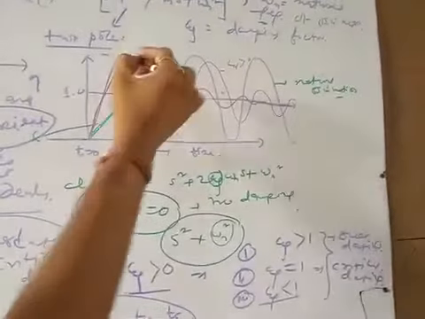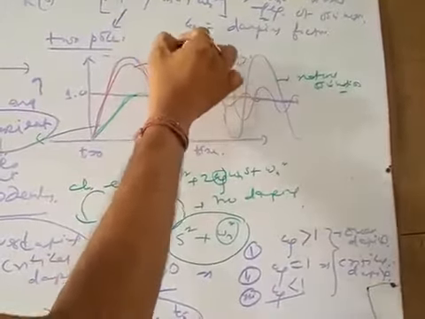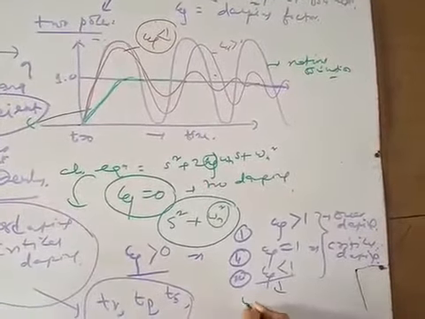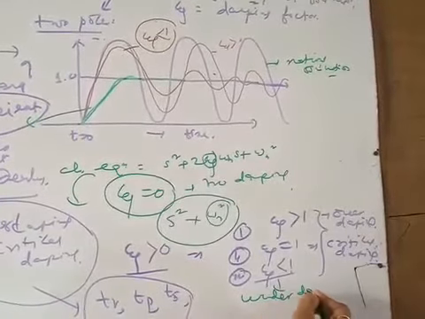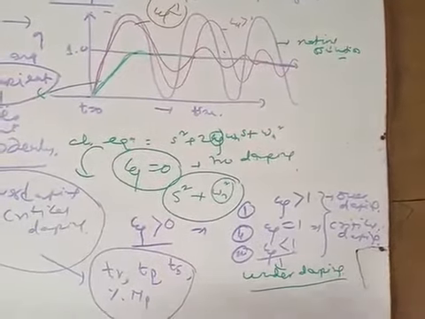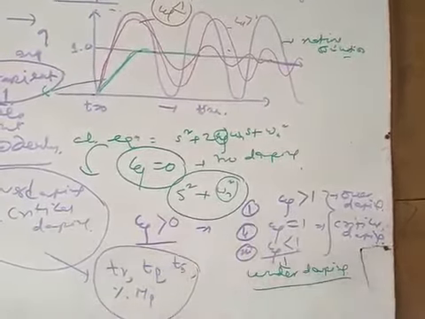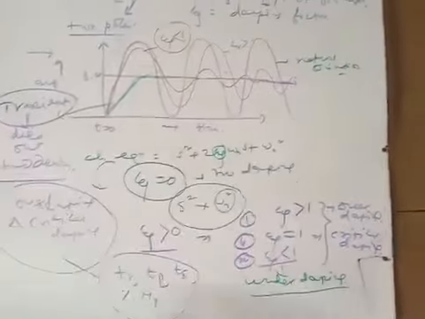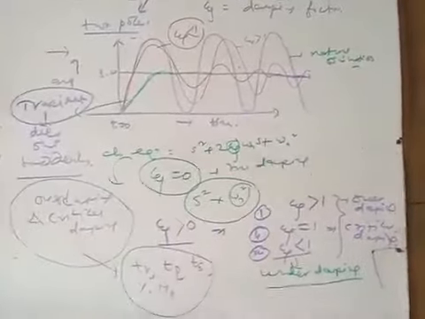So this is xi less than 1, and this kind of damping is known as under damping. So these are all about the damping behavior of any system. That means you can have over damping situation, you can have critical damping situation, you can have under damping situation.